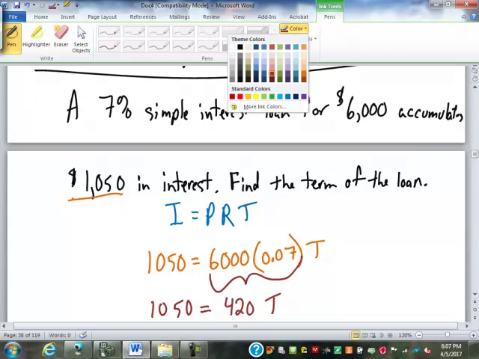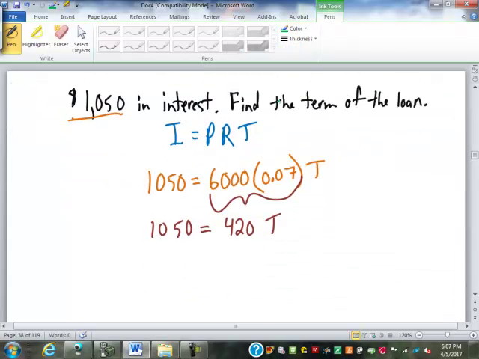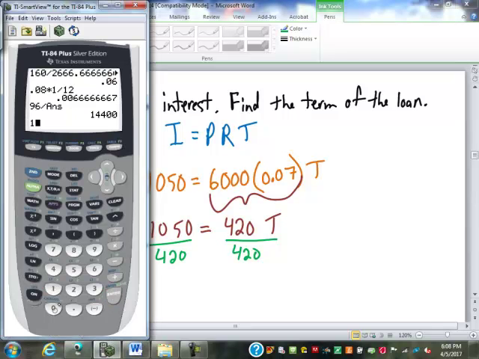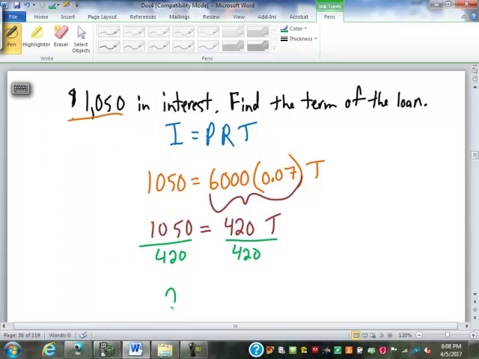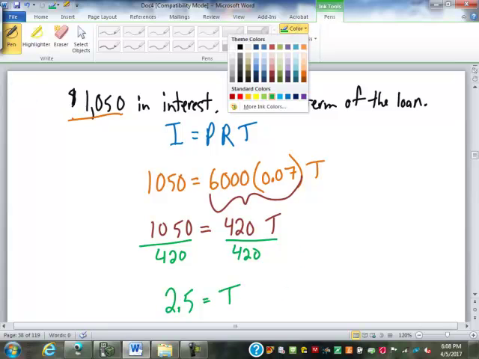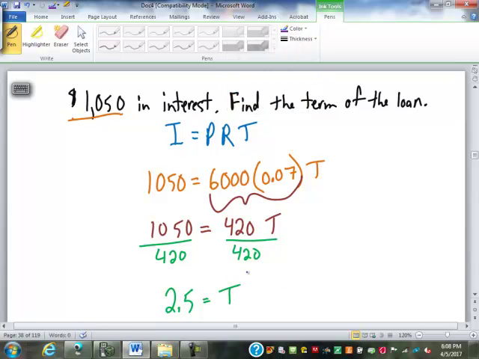And so then we solve for T by dividing by 420. So 1,050 divided by 420 is, I believe, 2.5. Yes, it is. 2.5 equals T. What's 2.5 stand for? 2.5 years. Remember, time is always in years.